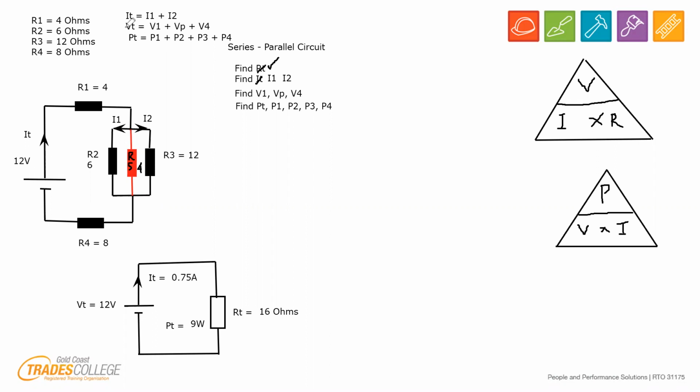Remember, guys, the rule is that a series circuit current is the same in all parts of the circuit.